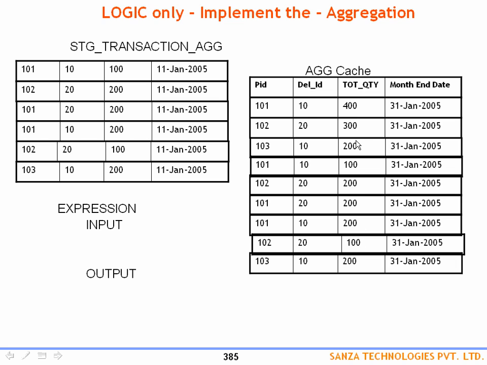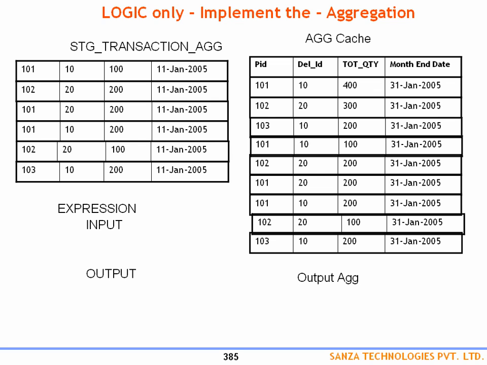It will output as 110 January 5. So it will scan the cache based on the product ID, dealership ID, and month date. 10110 400, 0110 100 400 plus 100 is 500, 0110 500 plus 200 is 700. That will be the output.